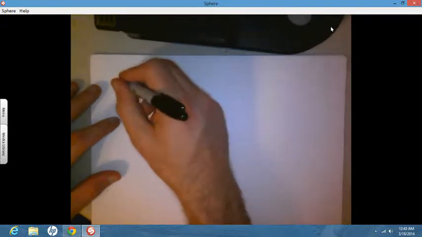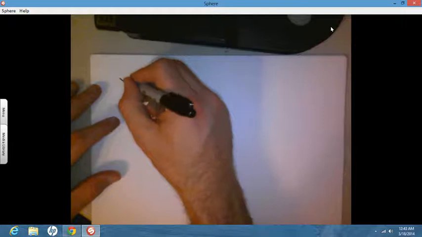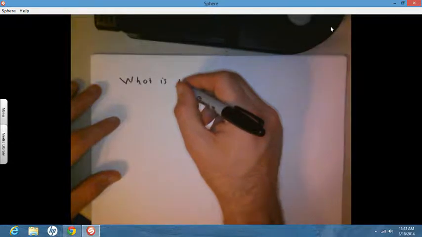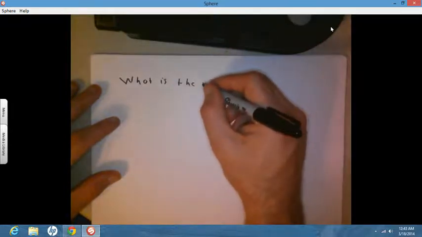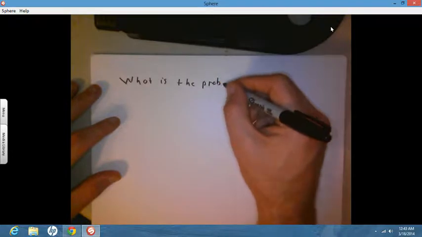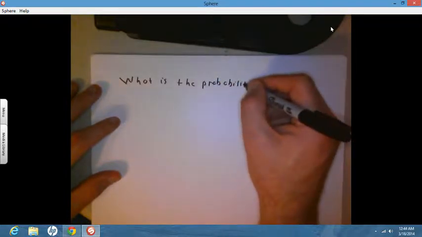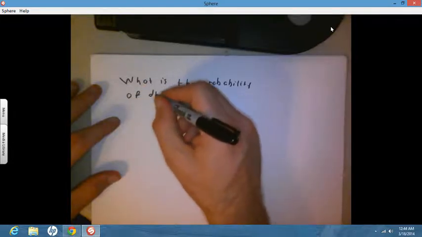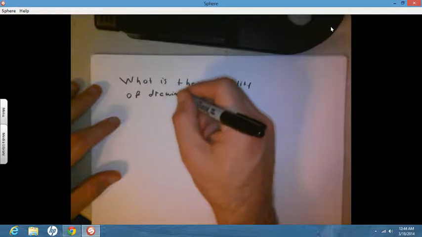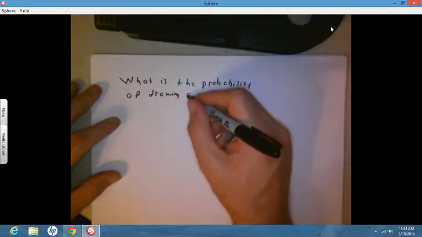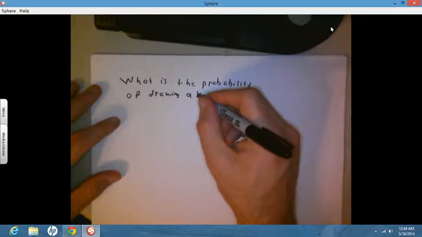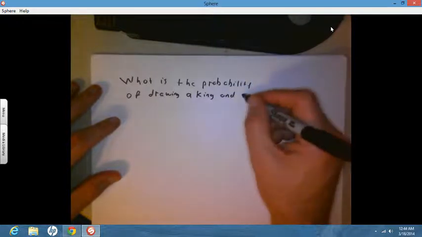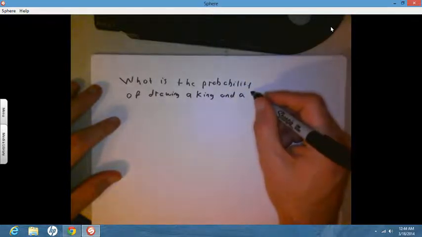What is the probability of drawing a king and a heart on the first draw?